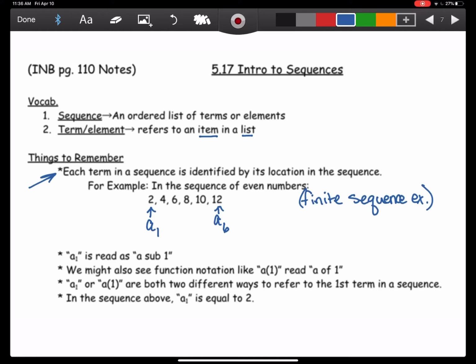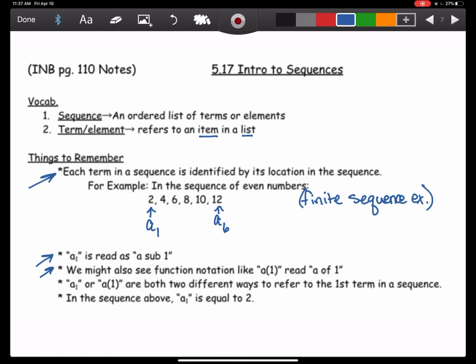Okay? So down below, I just have a few more things to remember. This second star says A sub 1 is read as A sub 1. The third star, we might also see function notation like A parenthesis 1 close parenthesis, and we read that as A of 1, just like we would read any other function notation.